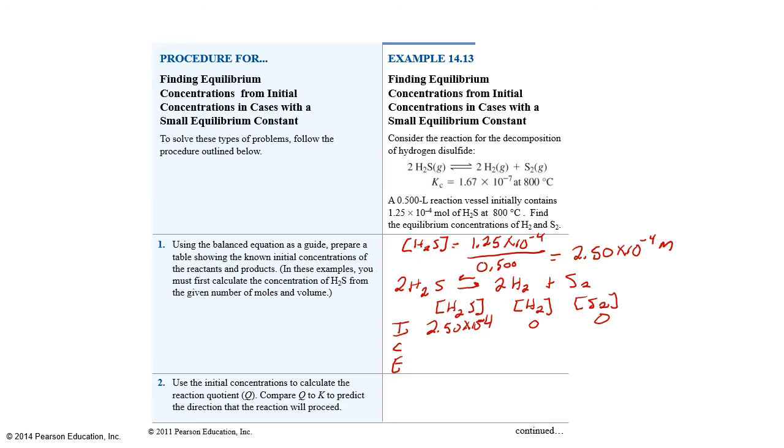Because of that, we know that our Q is going to be equal to 0 because we only have reactants, we have no products. So our products are 0 divided by the concentration of our reactants, which gives us a Q of 0. Our reaction is going to proceed towards the products, or to the right.